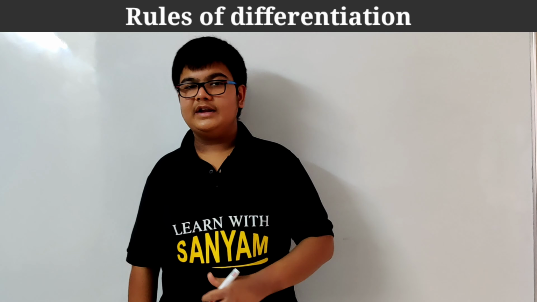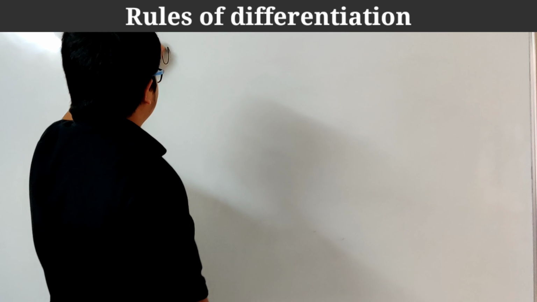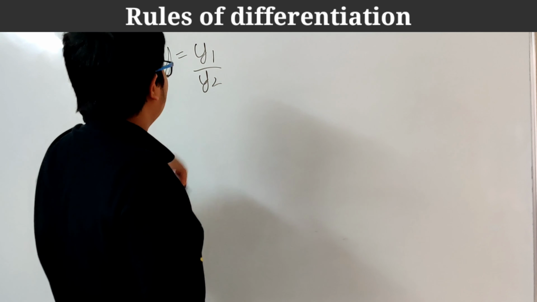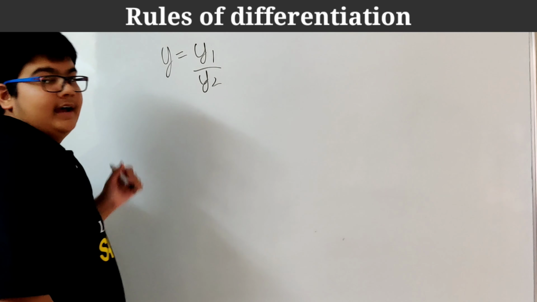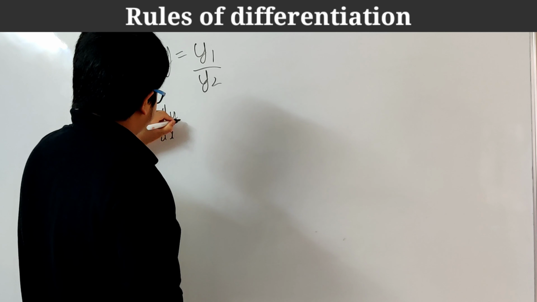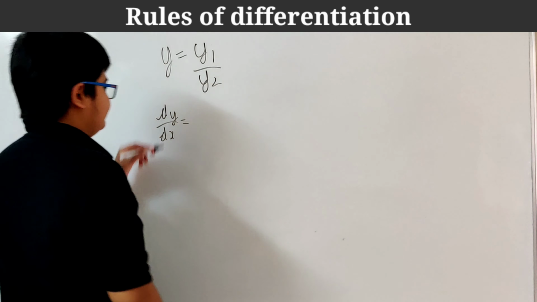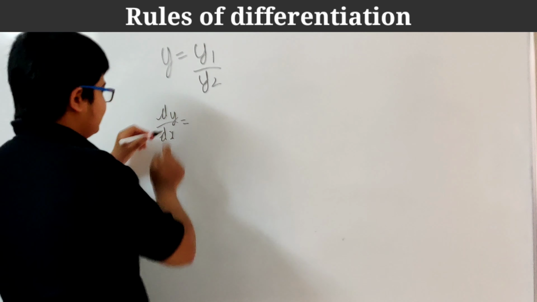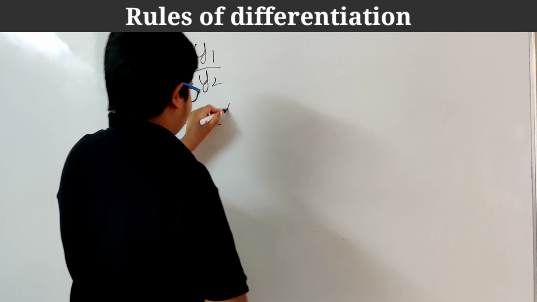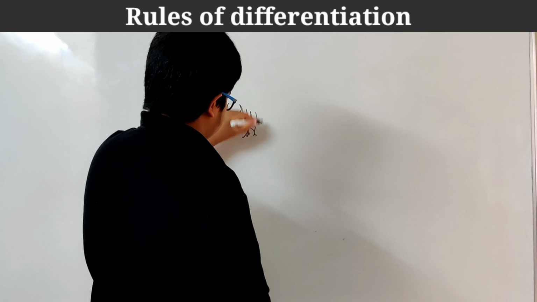Now the 14th rule is the division rule. In this, if you are given that y is equal to y1 upon y2 and we have to find the differentiation, then dy upon dx will be equal to, first we will take the denominator y2 and differentiate the numerator, so dy1 upon dx.